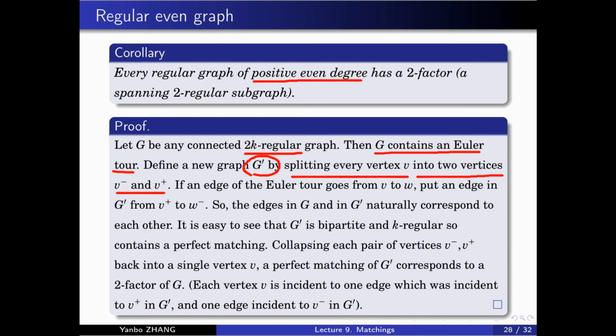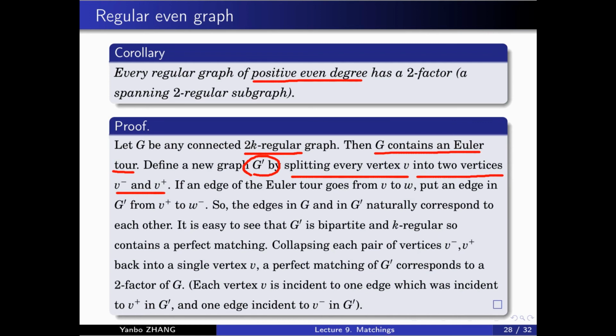If an edge of the Eulerian tour goes from v to w, put an edge in G prime from v plus to w minus. So the edges in G and in G prime naturally correspond to each other. We put all the vertices v minus as one part and all the vertices v plus as the other part.